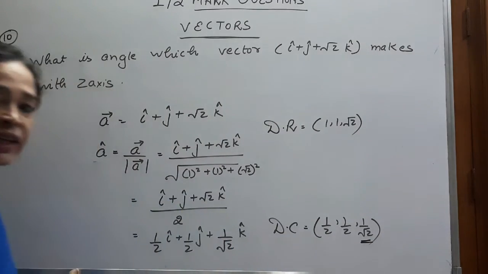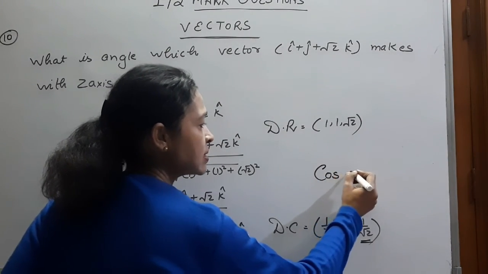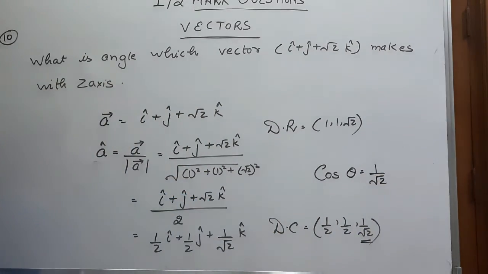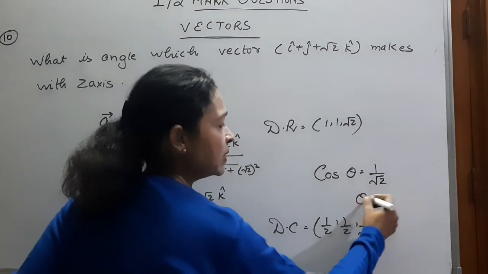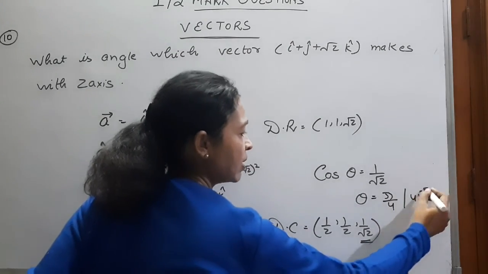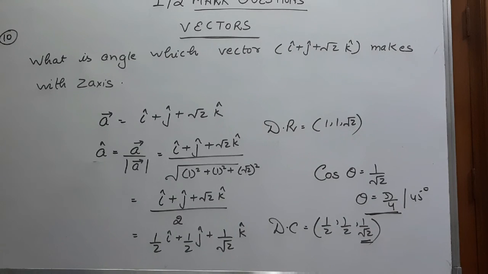Therefore, let the angle the vector makes with the z-axis be theta, so cos theta equals 1 by root 2. And what will be the value of theta? Theta will be pi by 4 or 45 degrees, which is the angle this vector makes with the z-axis.